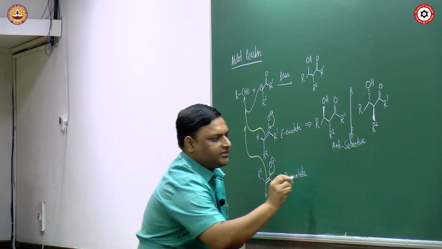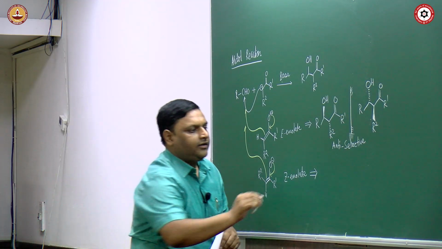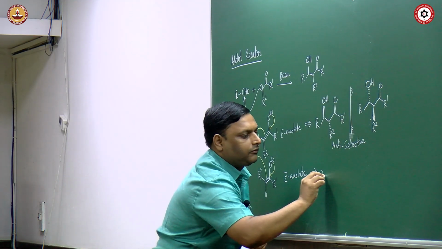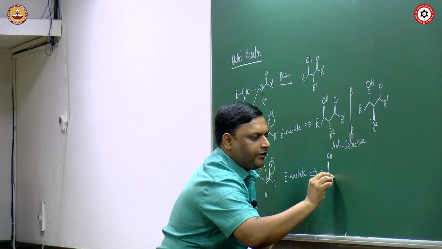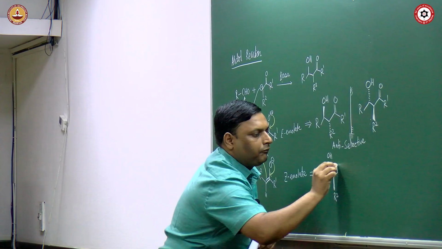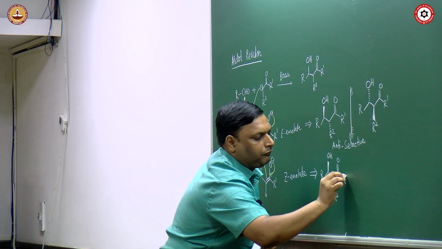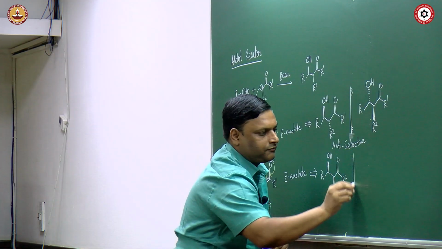Now, if you start with the Z enolate, you get the other one, either this and its mirror image.